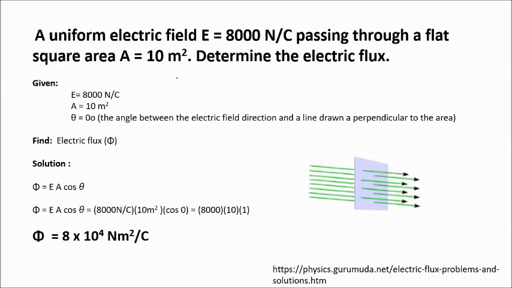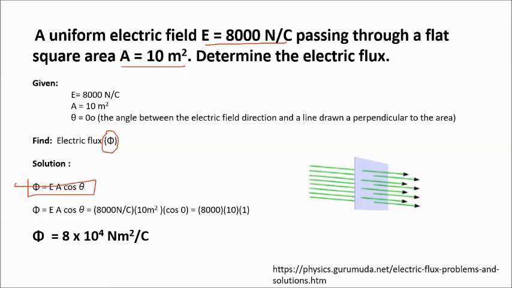Analyze the problem again, then summarize what is given and what is unknown. So we have electric field, area, and find the flux. This is the unknown. Okay? So then, recall the formula of electric flux.